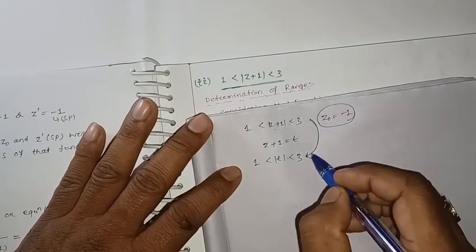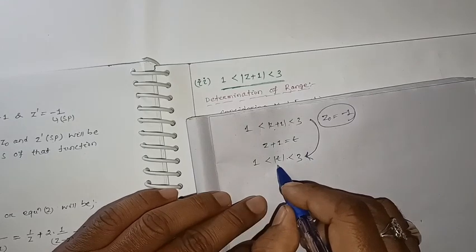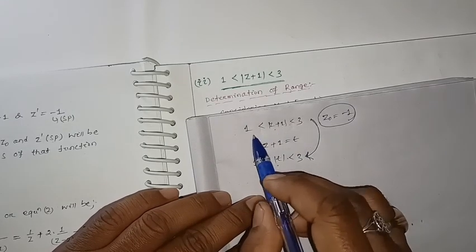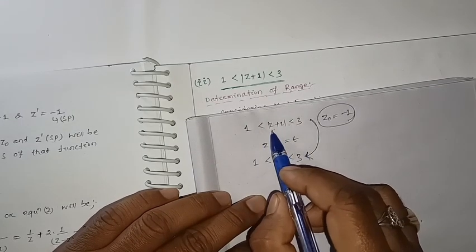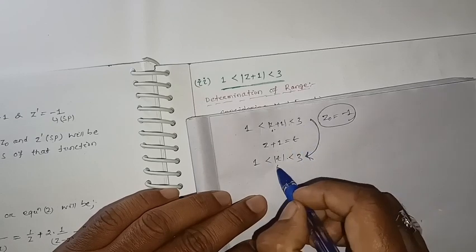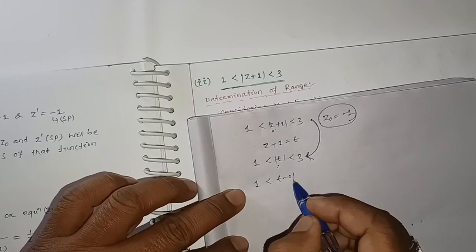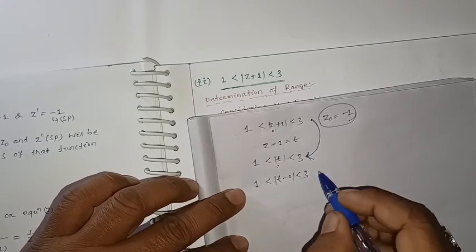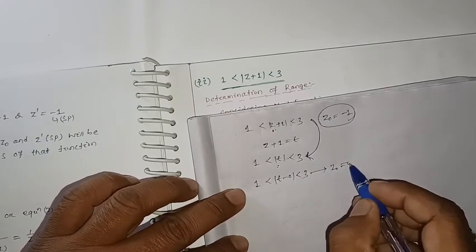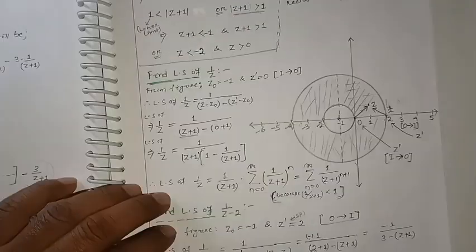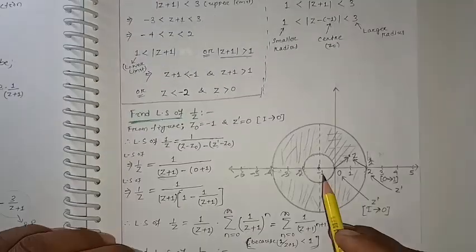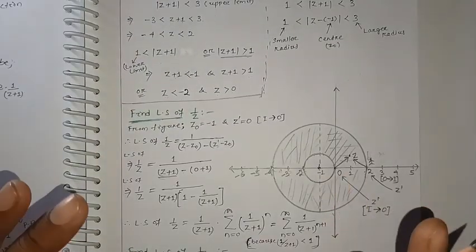If I transform to t, the range here is in the form of z, but if I transform to t, you can see its center will be at 0. This will be the center, that means here z0 will be 0. That means I moved this point in the figure to the center only, nothing else.